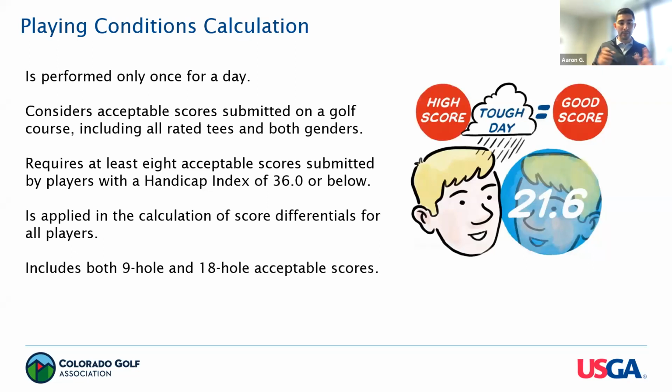So if that PCC was not triggered, regardless of how many scores are posted later, there will not be a PCC. Now, if there are at least 8 scores and a PCC is triggered that day, and somebody then retroactively posts a score, since the PCC was already applied due to the minimum, anybody who retroactively posts on that day will get the benefit of that PCC adjustment.